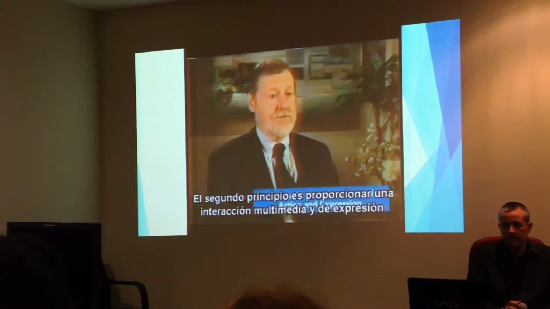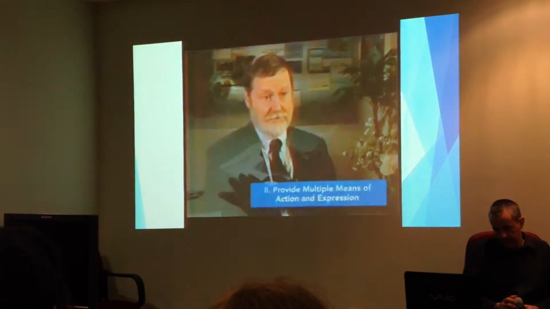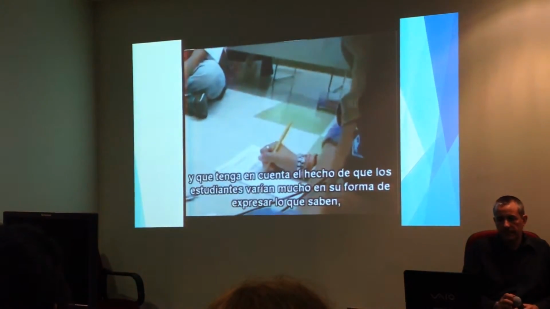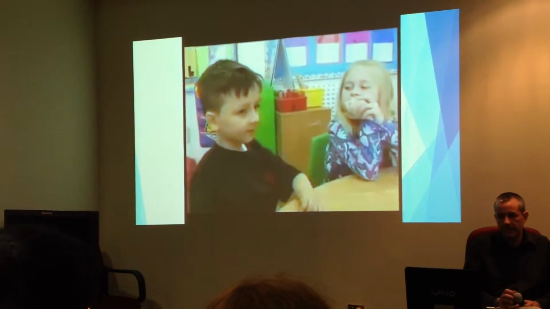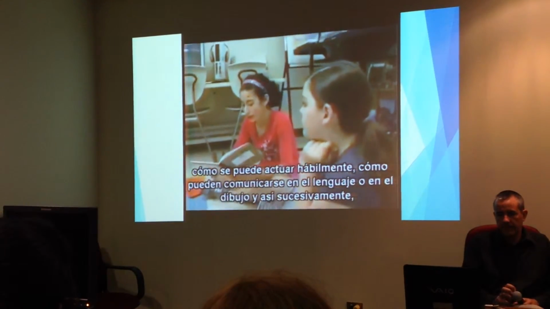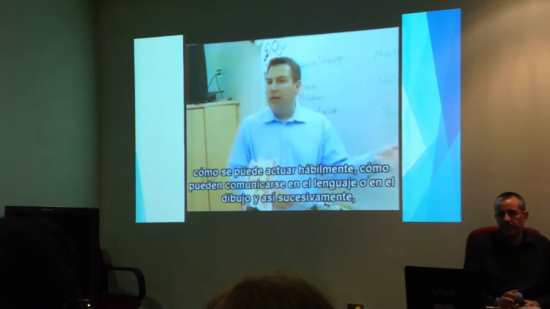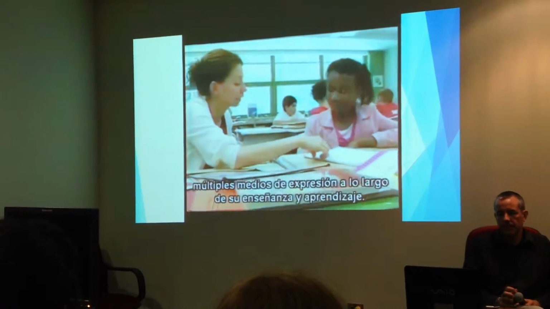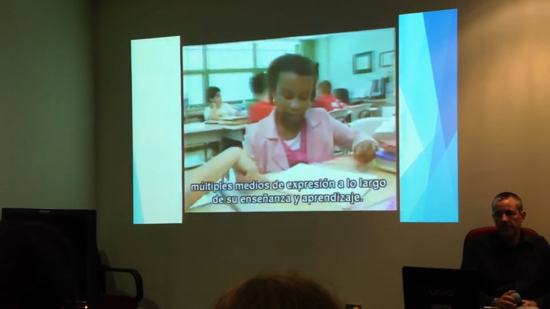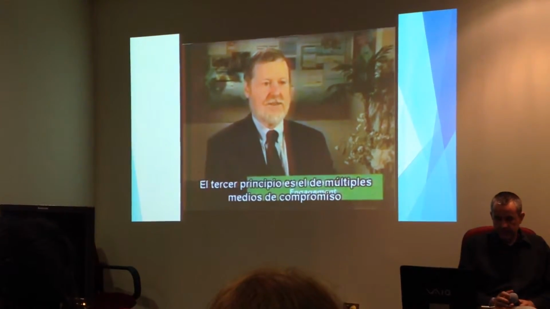The second principle is provide multiple means of action and expression. And that takes into account the fact that students vary greatly in how they express what they know, how they can act skillfully, how they can communicate in language or in drawing and so on. And students differ widely, so we say we must provide multiple means of expression over the course of our teaching and learning.